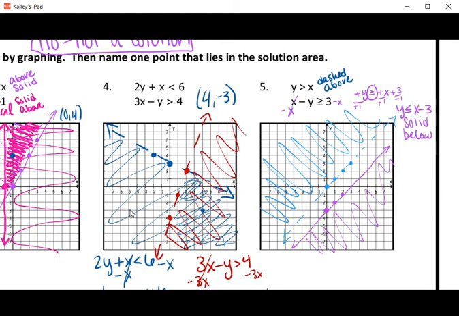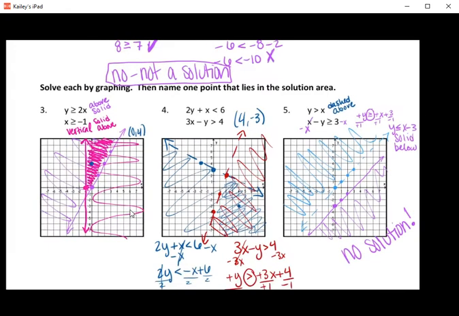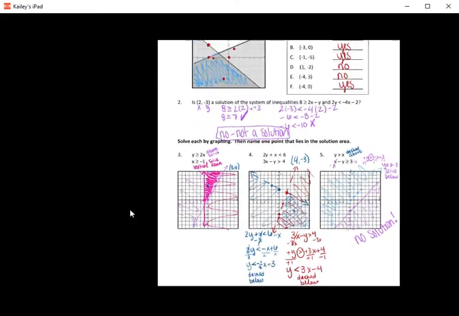No. That means that this system has no solution. The inequalities had parallel slopes, and since the shading went opposite directions, nothing overlapped. So this would be a no solution.